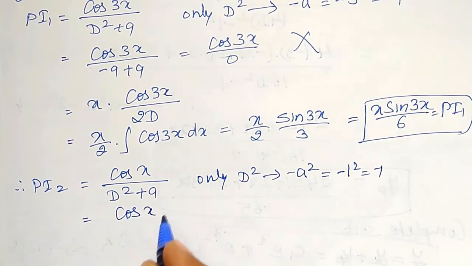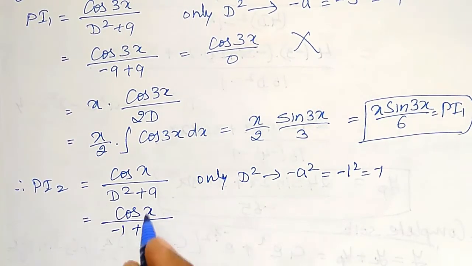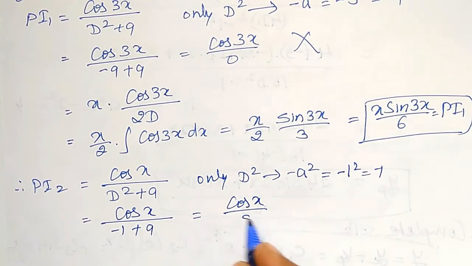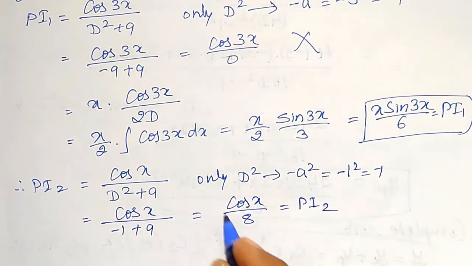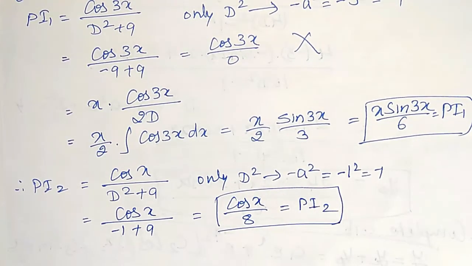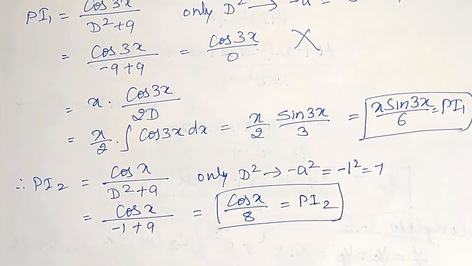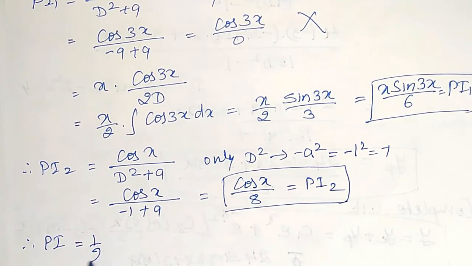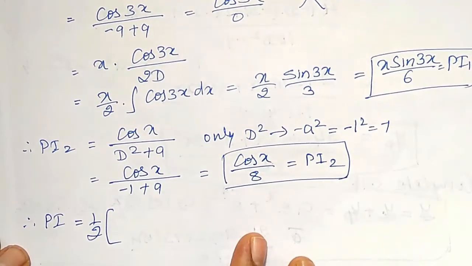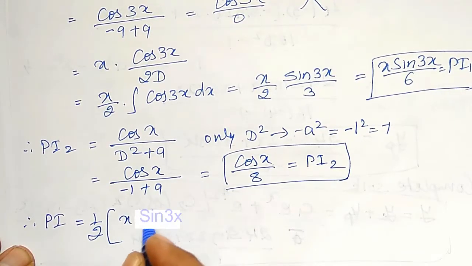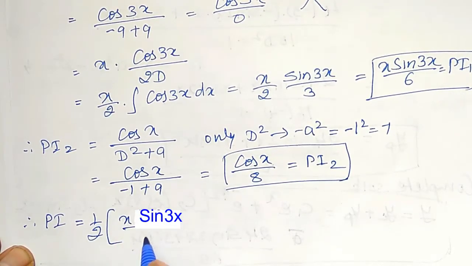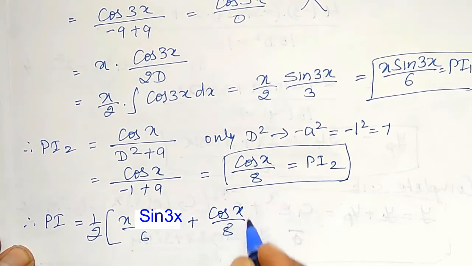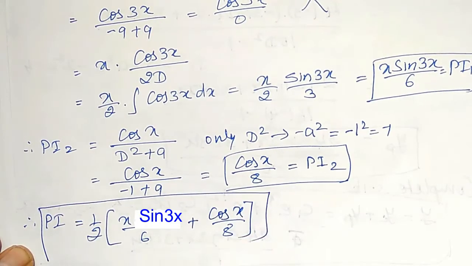Therefore cos x divided by minus 1 plus 9, which is cos x divided by 8, my PI2. PI1 plus PI2 together form the particular integral. Therefore my particular integral is equal to 1 by 2 times x sin 3x divided by 6 plus cos x divided by 8.